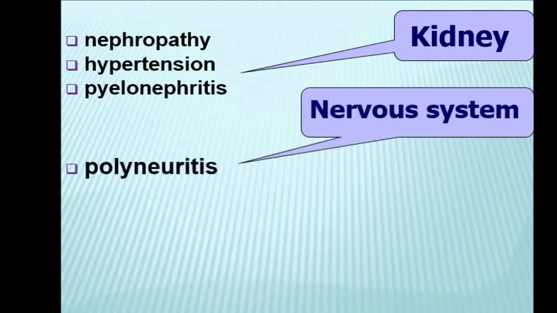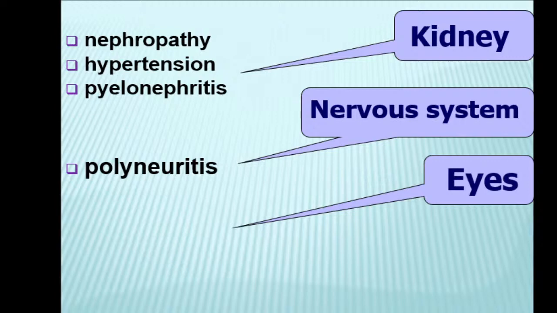Nervous system affection, different manifestations of polyneuritis, and first of all, the patient feels discomfort during walking because of pain, paresthesia, anesthesia of the lower extremity. His gait becomes not straight, he easily falls, sometimes cannot walk independently.